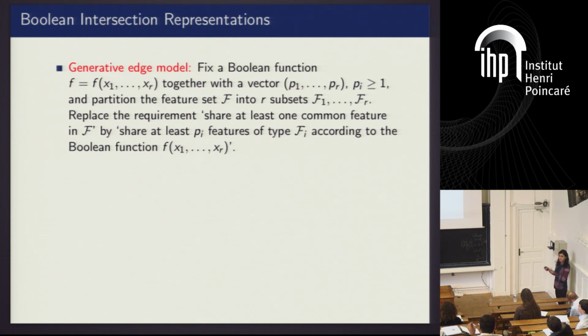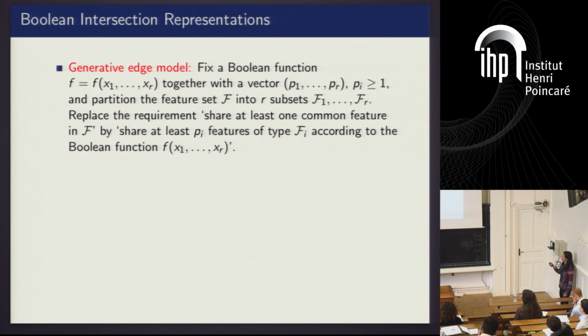So let's just think of the following model. You fix a Boolean function, let's say a function that involves R variables, together with a vector P1 up to PR, which indicates how many features will be relevant in the feature set. And you partition the feature set F into R subsets. So just to make it less convoluted, maybe it's best to start with the feature set.